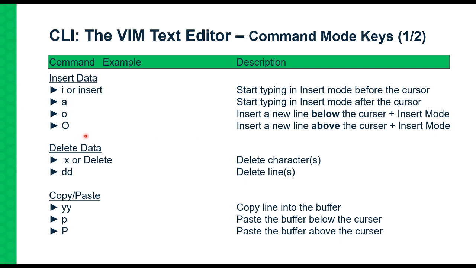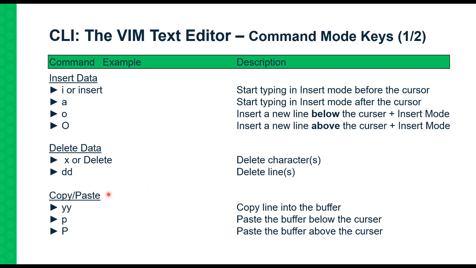To delete data, we use either the X key or the delete button on our keyboards. This will delete a character or characters with multiple entries. We can also delete lines by pressing DD, a double D, and that will delete the current line which your cursor is on.